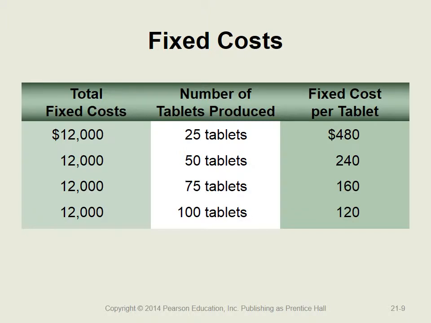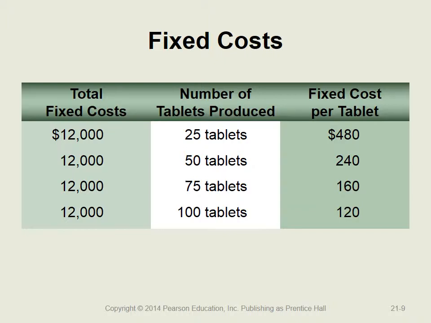This chart shows the total fixed costs at various levels of activity. Note that total fixed cost does not change, but the fixed cost per tablet depends on the number of tablets produced. If Smart Touch Learning produces 25 tablets, the fixed cost per tablet is $480, which is found by taking the $12,000 total fixed cost and dividing it across the 25 tablets. If the number of tablets produced doubles and becomes 50 tablets, the fixed cost per tablet is cut in half to $240.